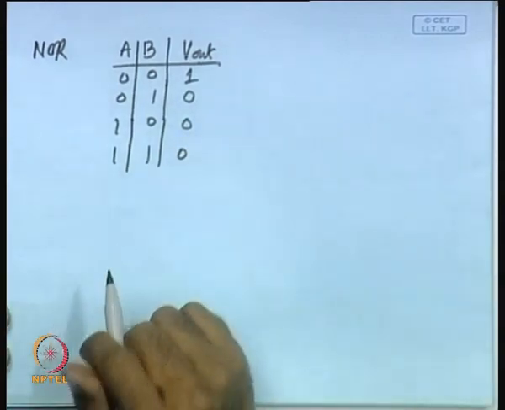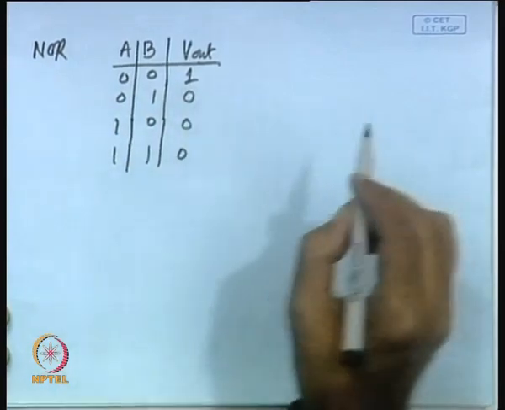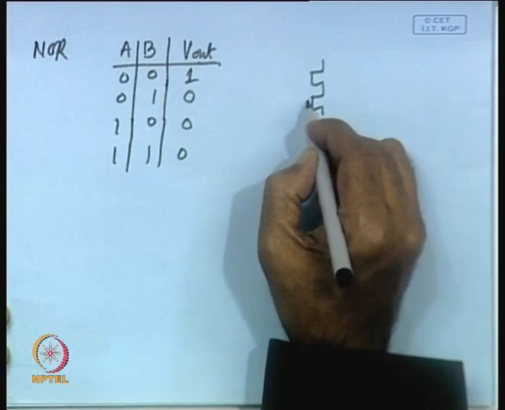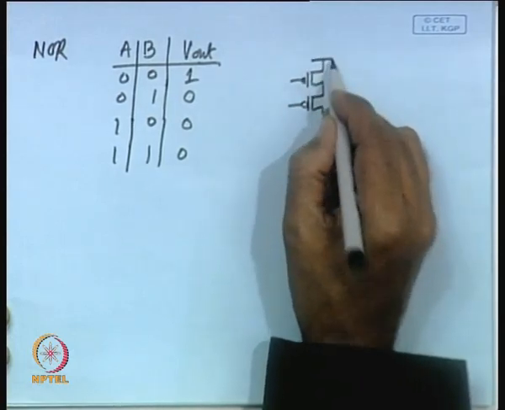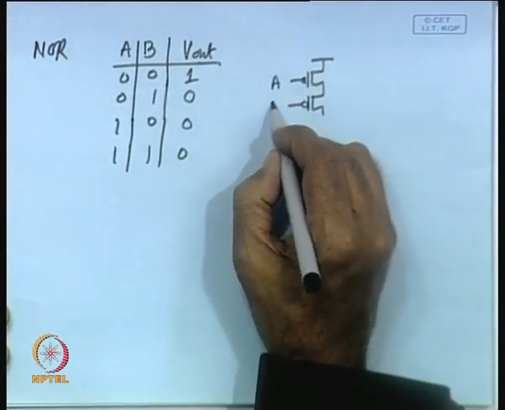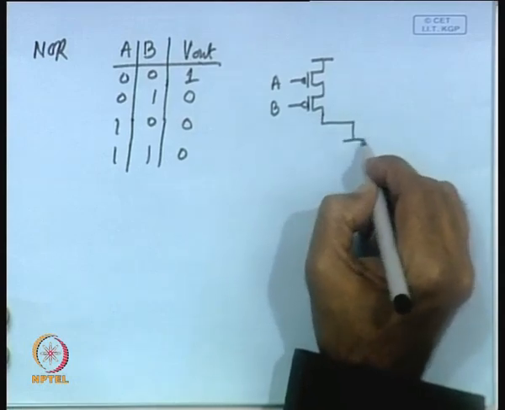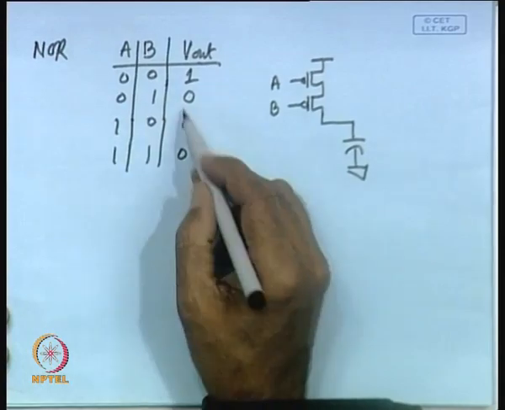So, how can that be realized? When both of them are 0, then the output is 1. So, that means we have to put two PMOS transistors in series. So, when both of them are 0, then this path is closed, so we shall get 1 at the output. And what about the pull-down network?